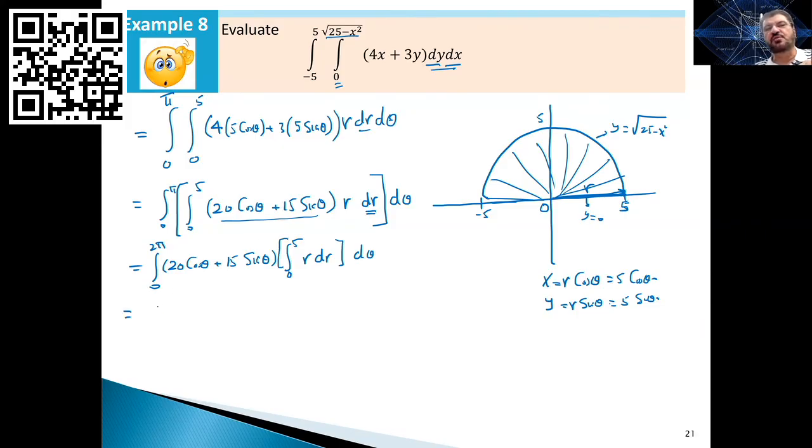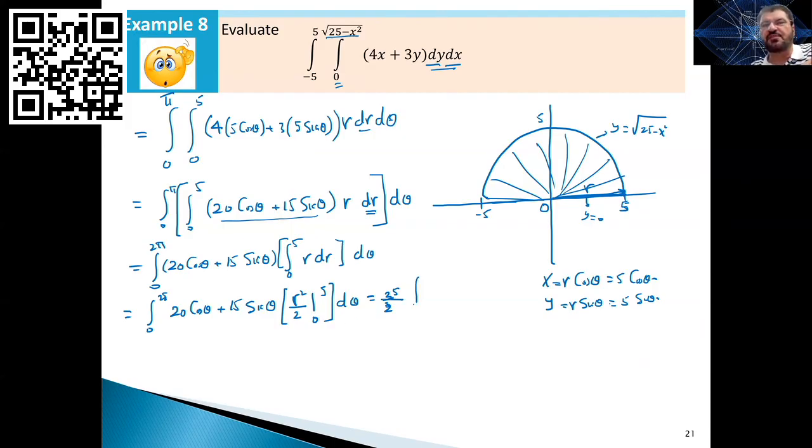Now, what's the integration of r? It's r squared over 2 from 0 to 5. Then d theta. But here, if you put the 5, you get 25 over 2 minus 0. So 25 over 2 goes out.